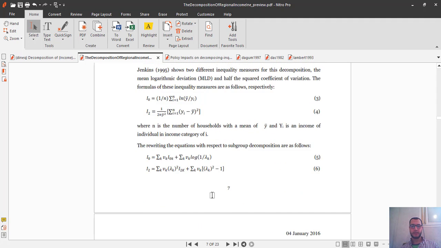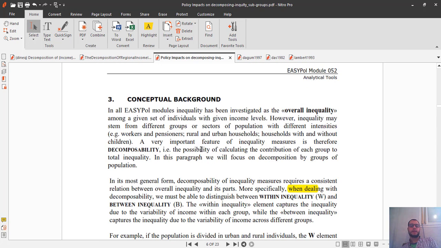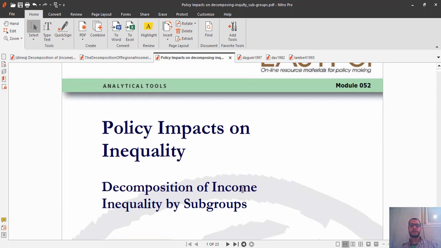I have another paper on the policy impact on inequality, the decomposition of income inequality by subgroups.